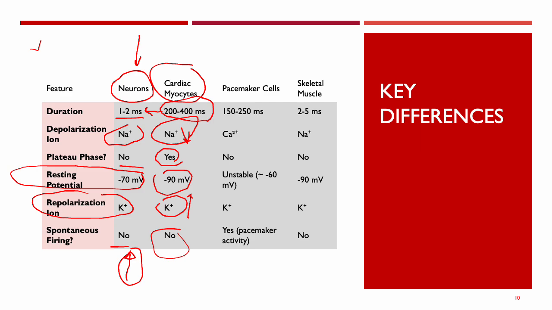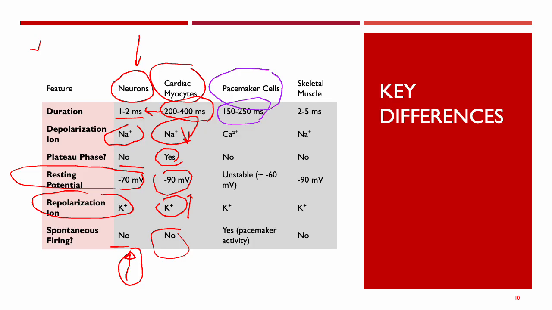Now, I said we were just going to compare two, but let's add one more, which are pacemaker cells. These are cardiac pacemaker cells. And you will learn about all of these when you study the physiology of the heart, the electrical system of the heart, so to speak. Here we have a duration of 150 to 250 milliseconds.